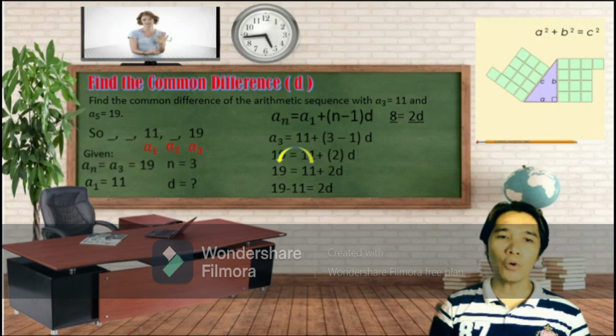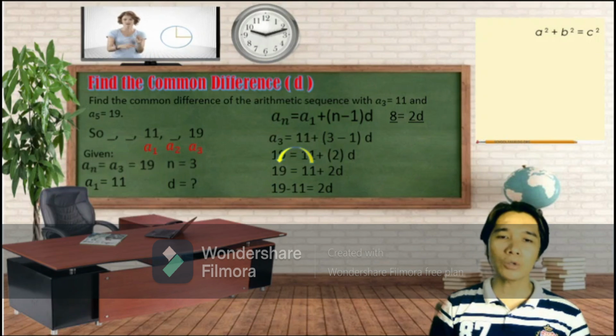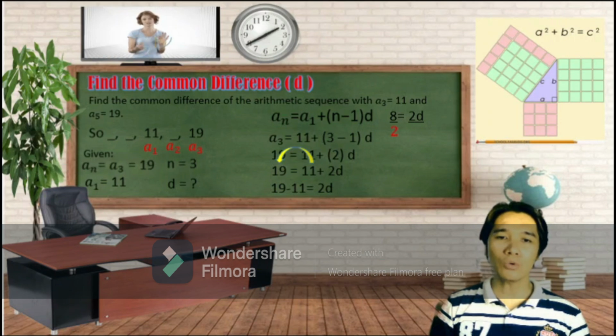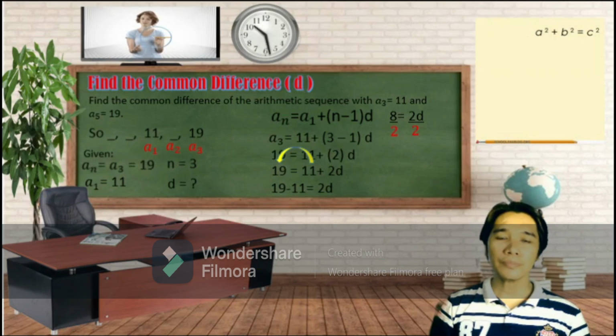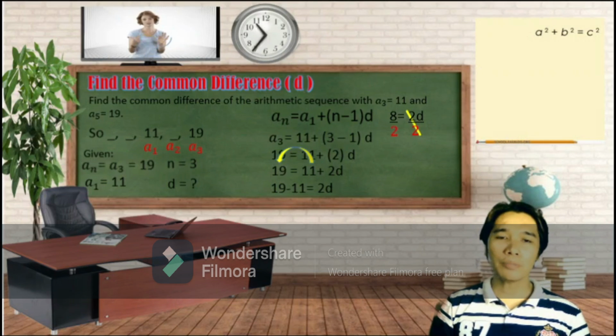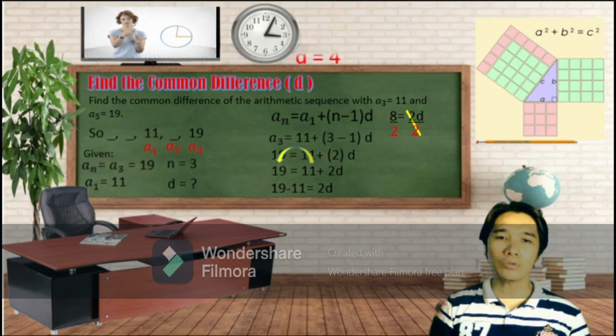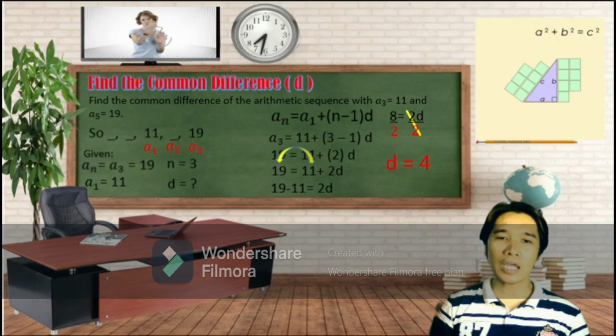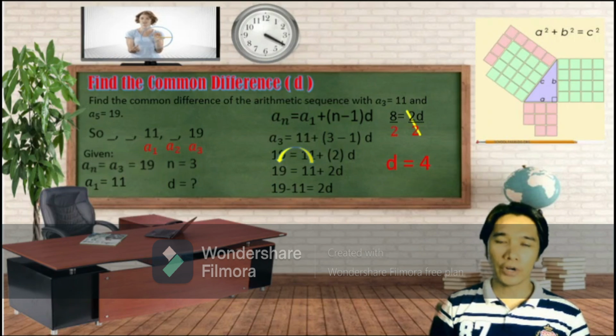Now we are looking for the value of D. So therefore, we need to cancel out 2 by dividing both sides of the equation by 2. So we have 8 divided by 2 is equal to 2D divided by 2. So cancel. 2 divided by 2 is equal to 1. So we have now 8 divided by 2 that is equal to 4. So our common difference now is 4.